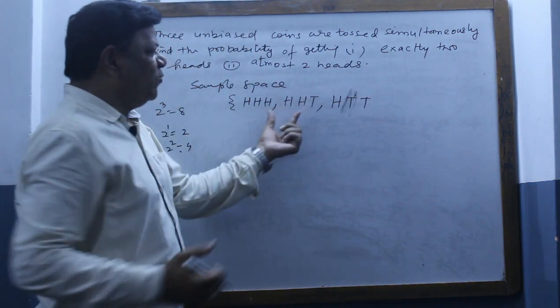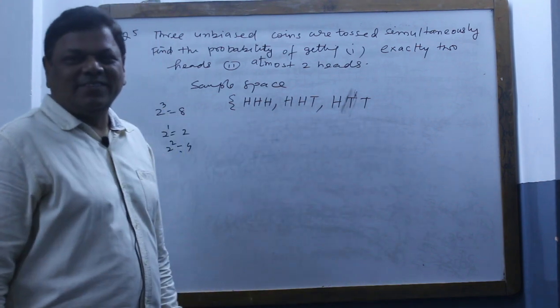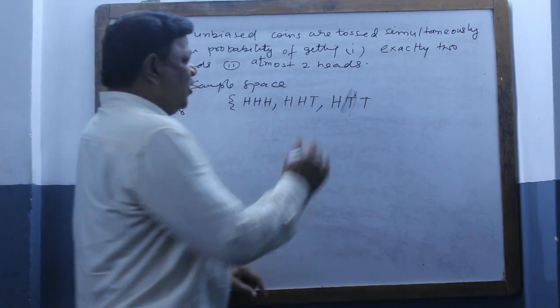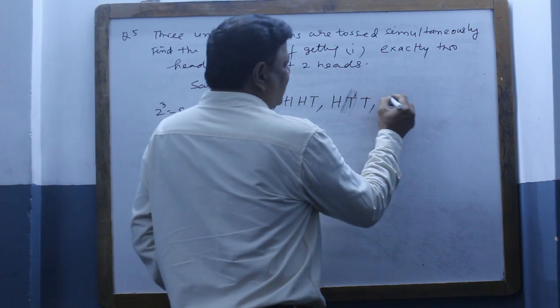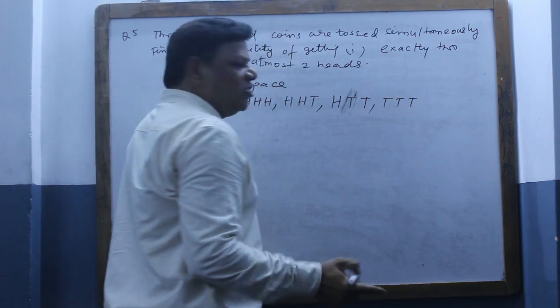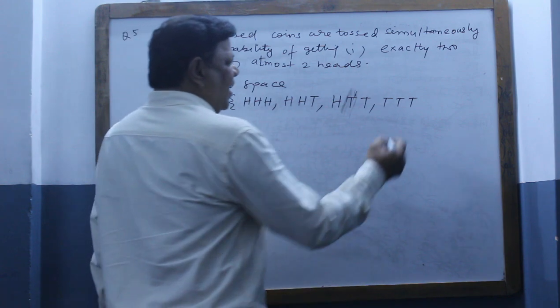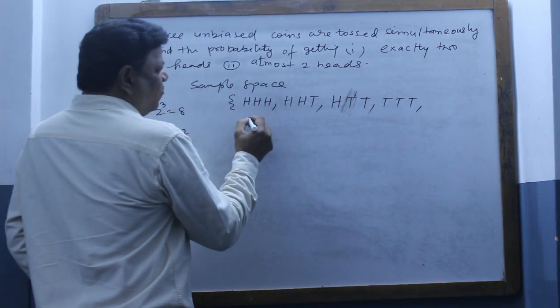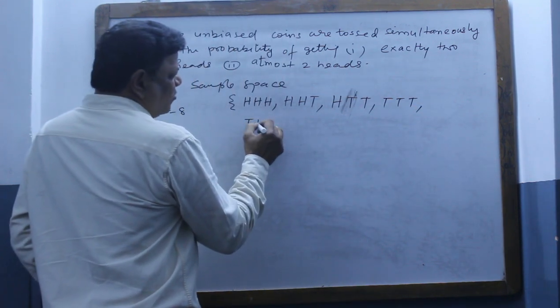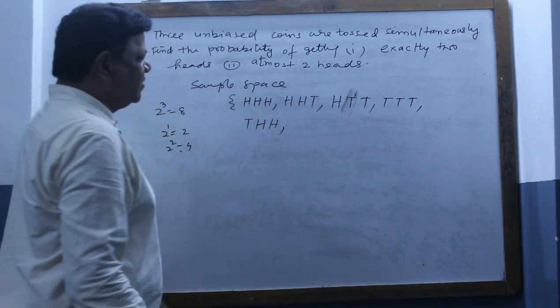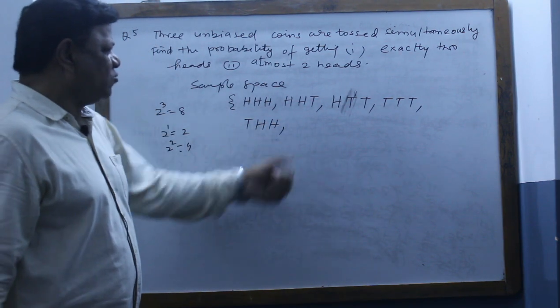Slowly, one head is removed, one T is written. Then head, tail, head; then tail, tail, tail can come. Then the first one is tail and these two are heads.